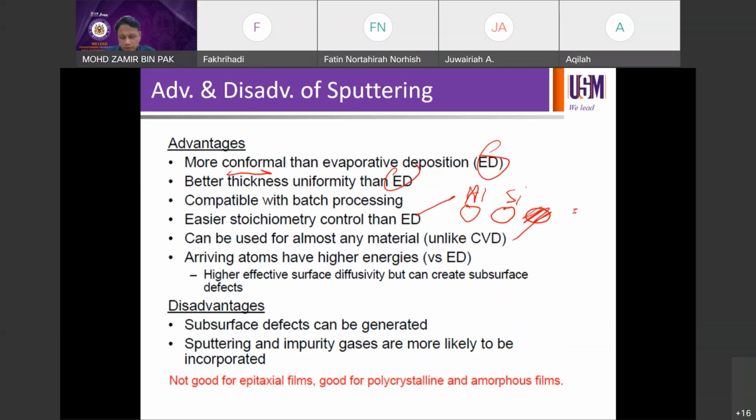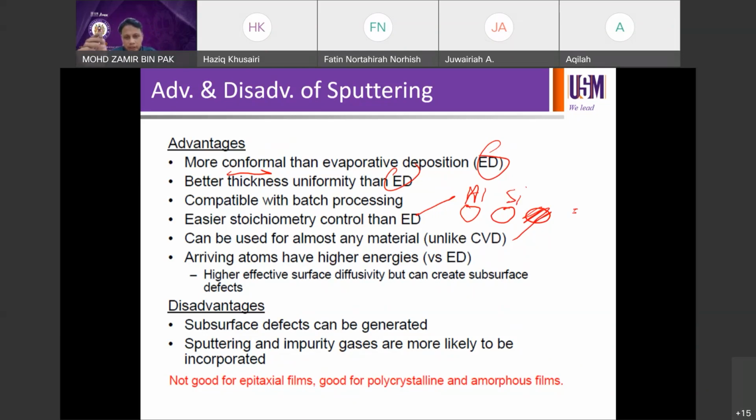You can do it together at one time. You can also do it layer by layer. That means you deposit Al and then you stop, you block, turn on the shutter. Then you open the shutter for silicon and you sputter silicon. You're going to get silicon on aluminium, for example.